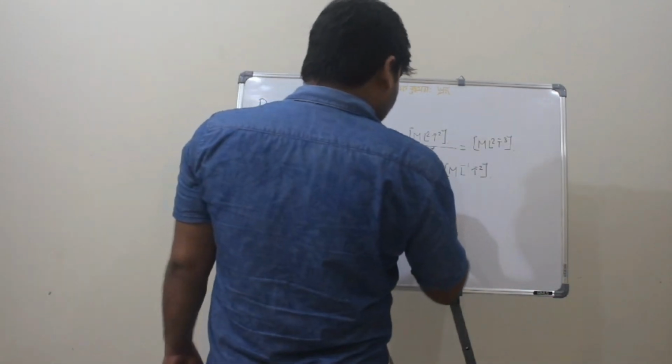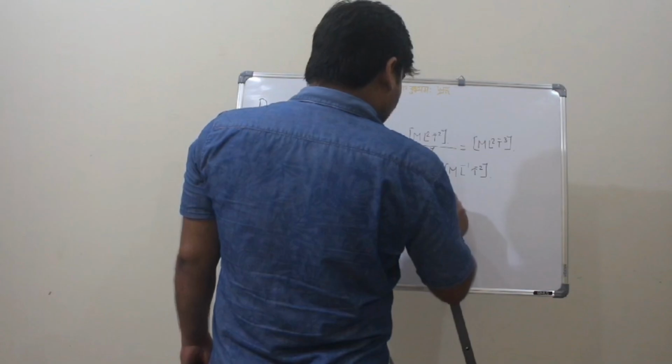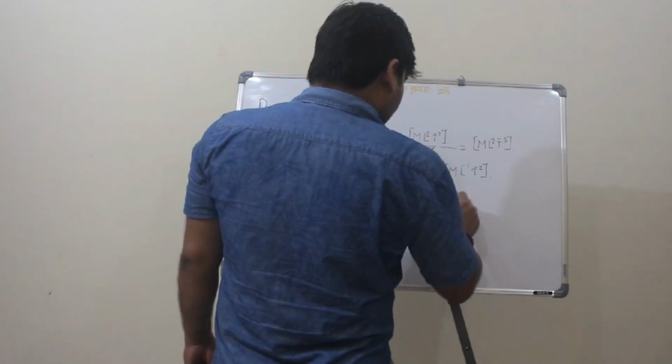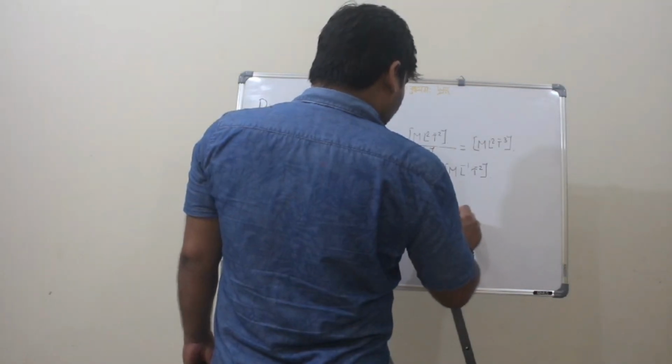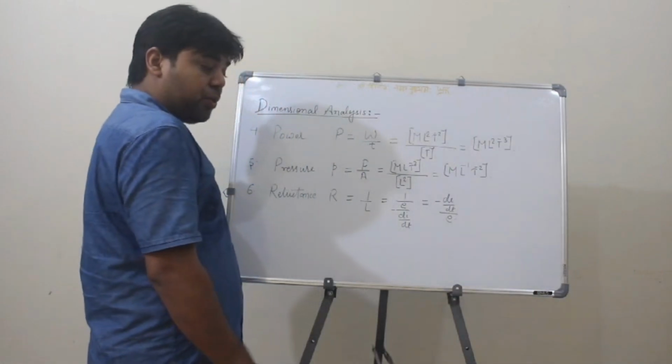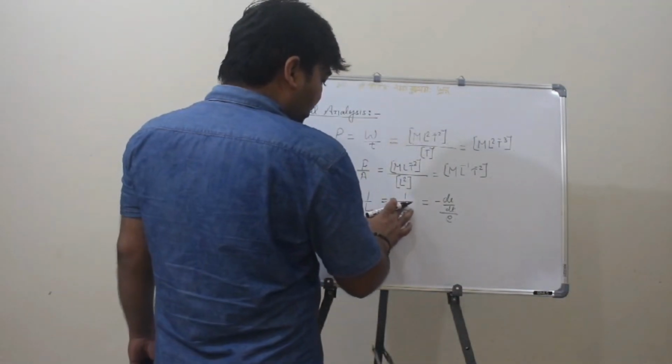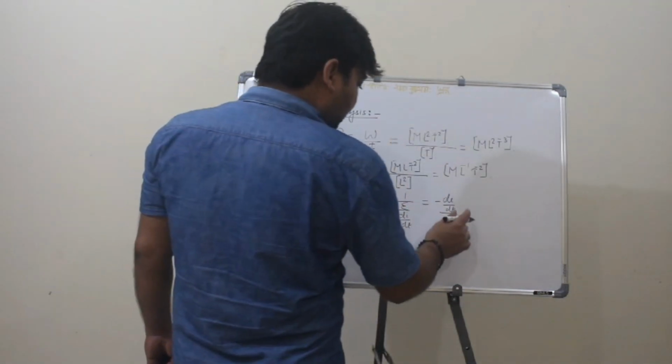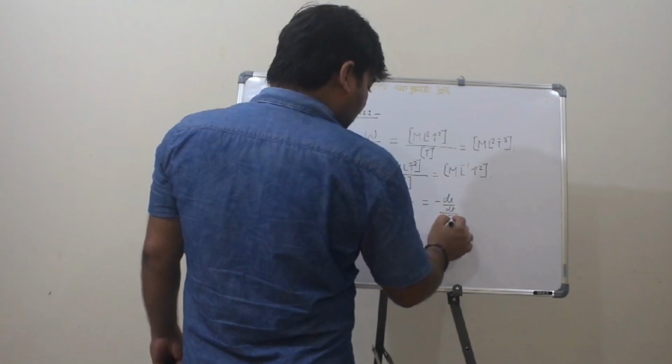So what does it mean? It can be written as minus of di by dt divided by E, where E is the electromotive force. So it can be written like this also, rather than small e.